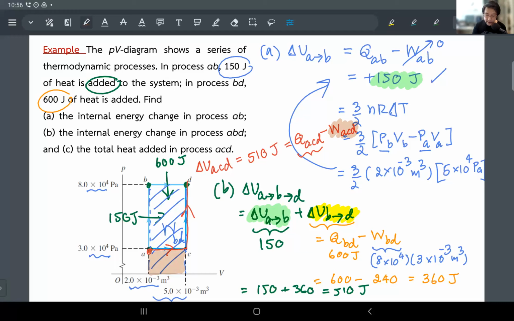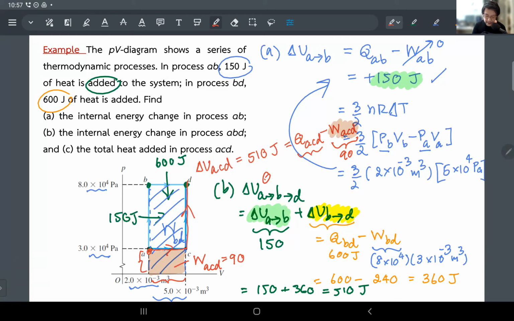That is W_ACD, just this width times height right there. And that's 90, just like your friend just gave me. Very good. So I know this one to be 90 joules.